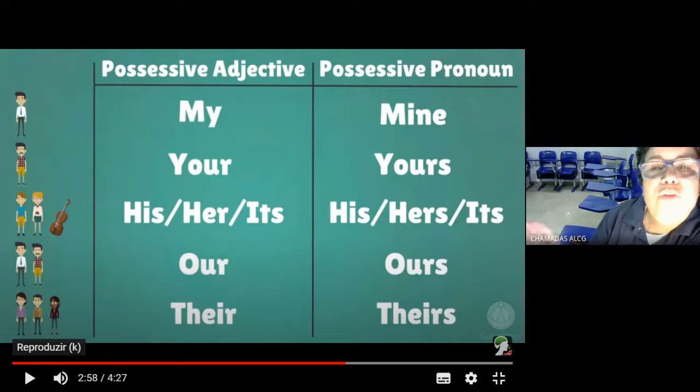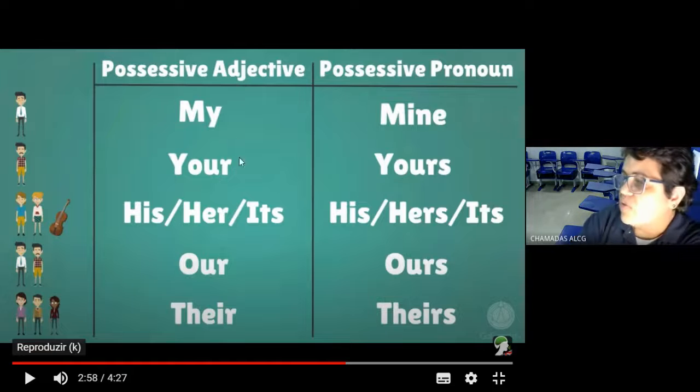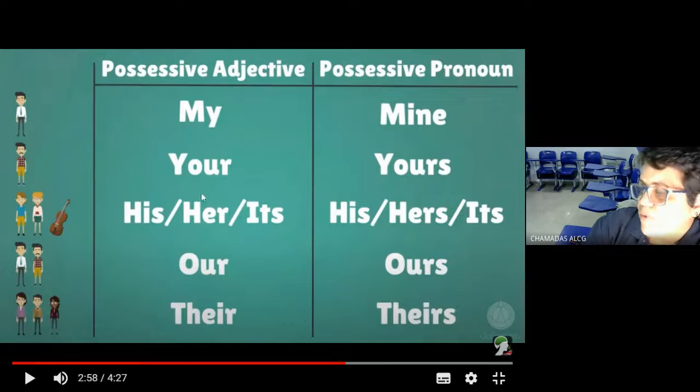The food of the dog is ready. But we don't use its as possessive pronoun. Okay, so ignore this. We can say his or hers, okay, but not its. Okay, guys. So let's continue watching.